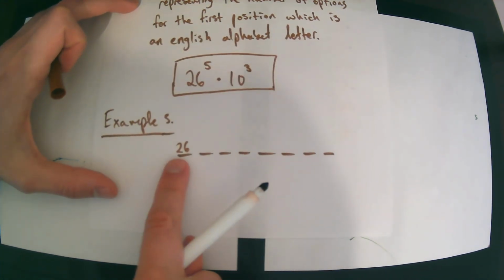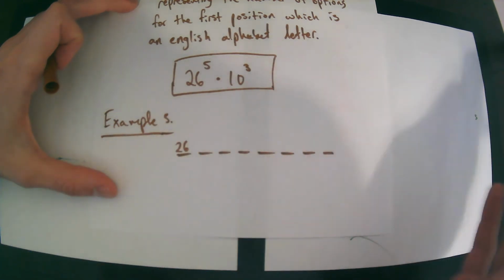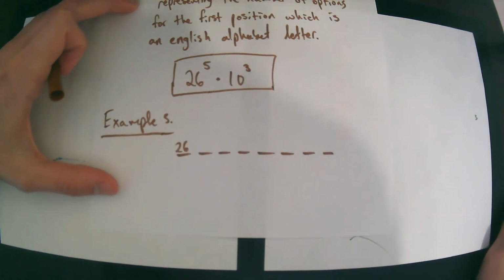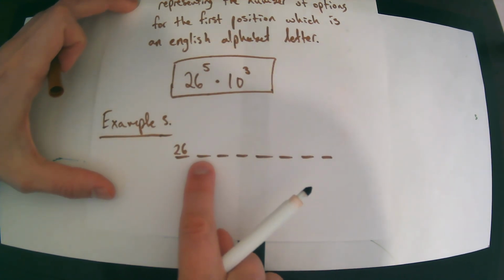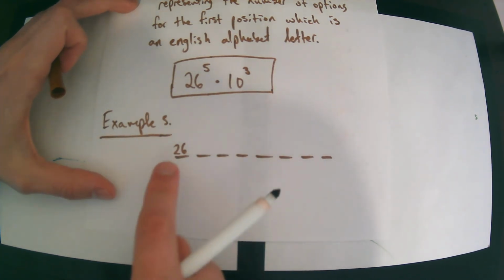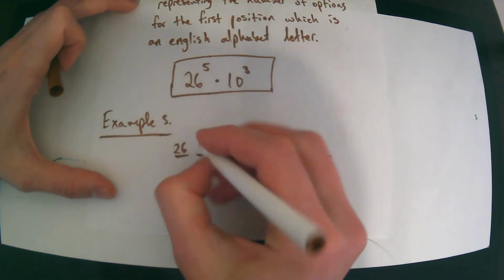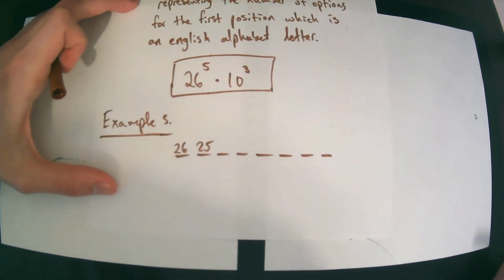But now we've picked a letter here, just some random letter, A through Z, like K or L. How many options do we have here? If we don't want to repeat, we've taken our options down by 1, so this would be 25.